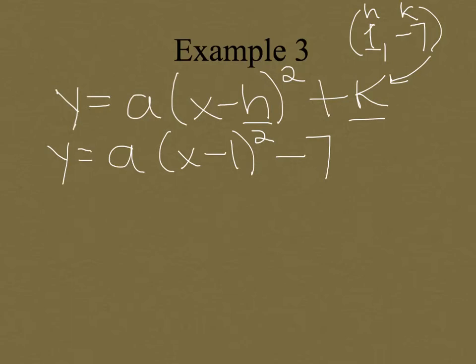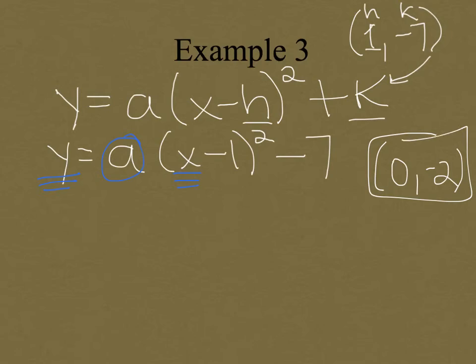And now the main thing I need to do is determine the value of a. In order to do that, I need to substitute another point that I know is on the parabola for x and y. Now looking back at my table, I have several values to choose from. I'm going to choose the ordered pair (0, -2) because this was an ordered pair that was in our table on the previous slide.